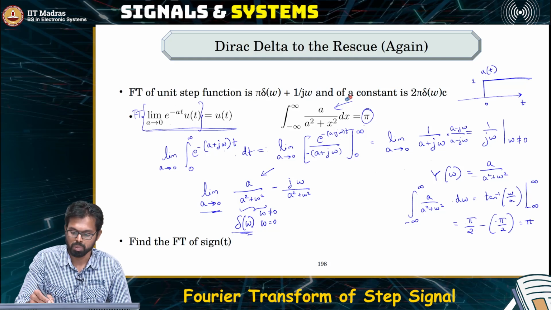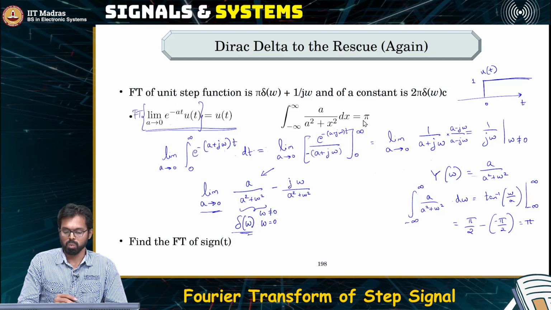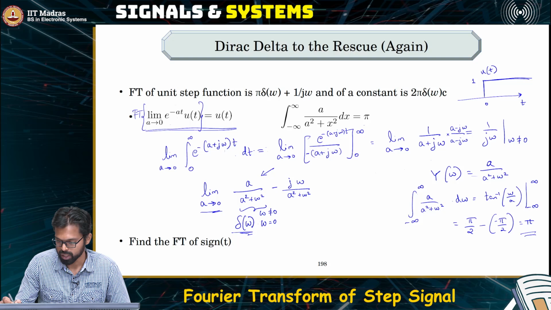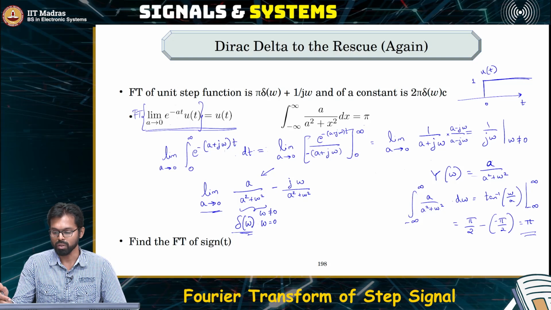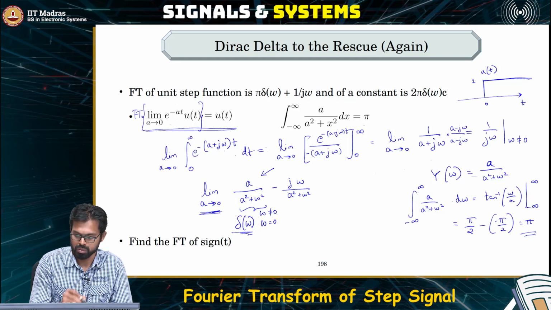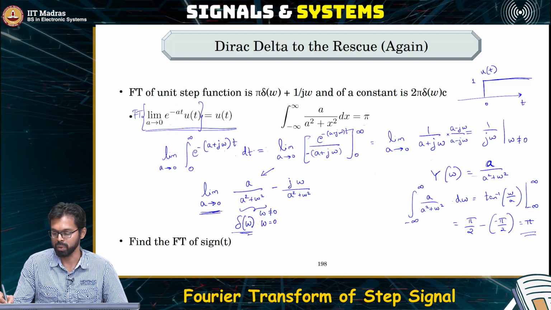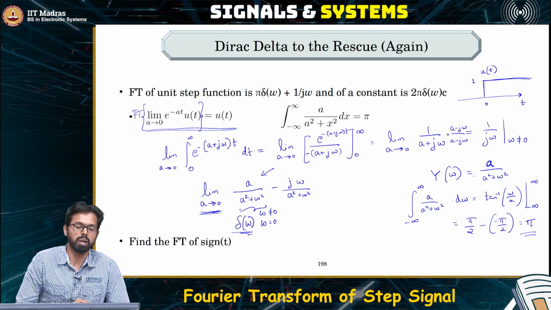Okay. Because the area is pi, and we computed this area without even plugging in a particular value of a, for all values of a this area has to be pi, irrespective of what it is. So that has to be true even here, right? As long as the value of a is positive, it has to be pi. And that should be true even when we apply the limit.